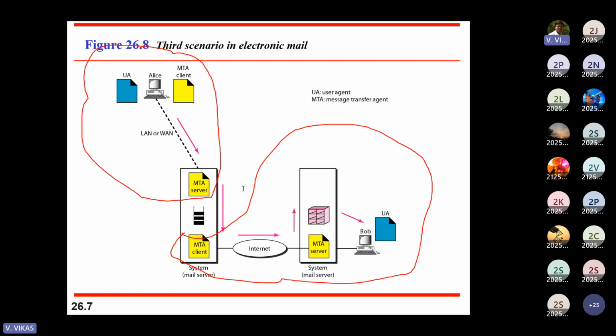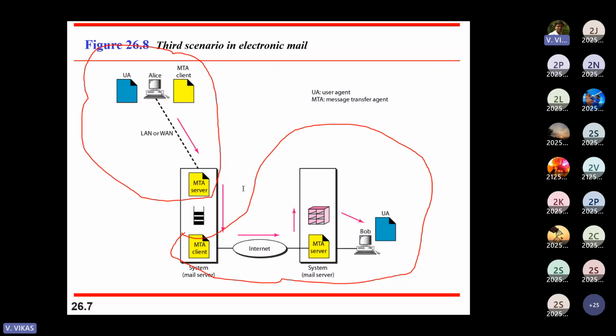So maybe you can consider it a point-to-point wide area network. She might be using an Ethernet cable, a dial-up modem, or a digital subscriber line, DSL as we call it, right? So she might be using any one of these techniques to get connected with the mail server.